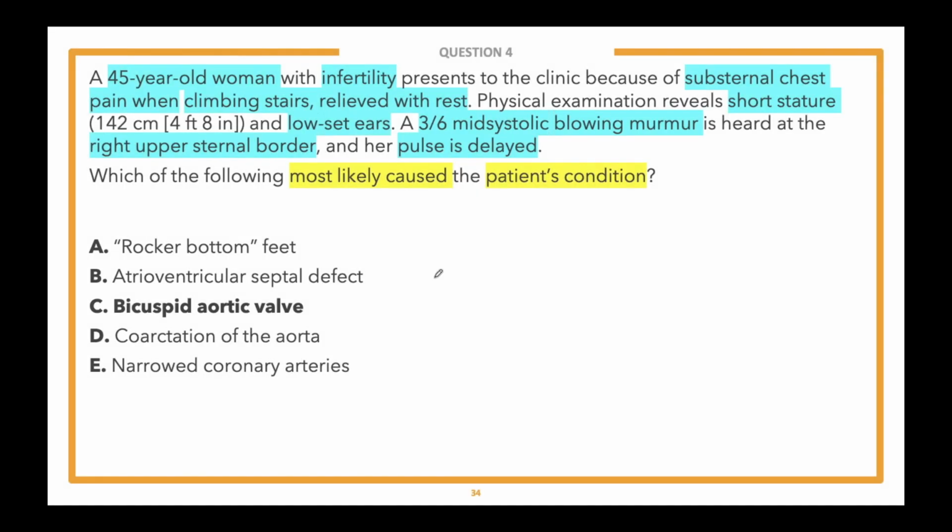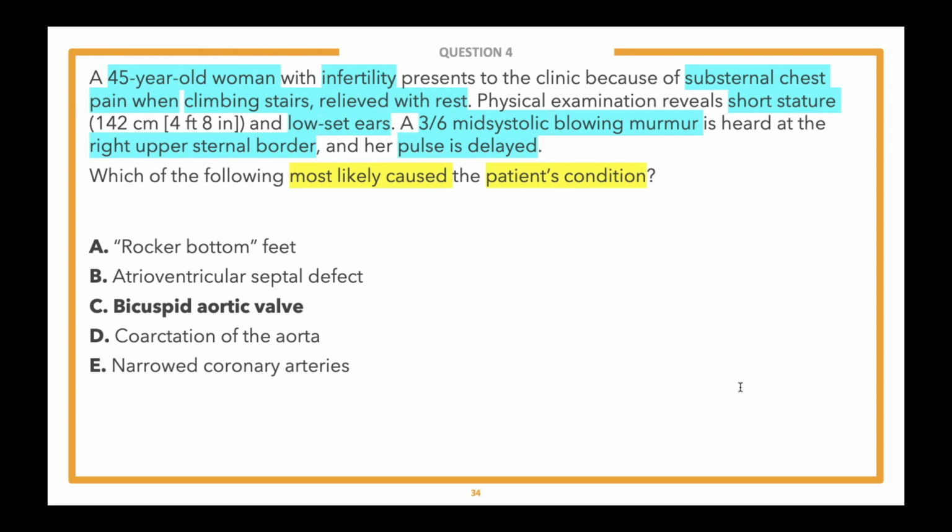Answer choice E, narrowed coronary arteries. If you were to have that, which is what we call coronary artery disease, you can have chest pain, but it wouldn't explain the murmur and it wouldn't explain her other physical exam findings. And it would probably be a little bit later on in life. Answer choice D, coarctation of the aorta.